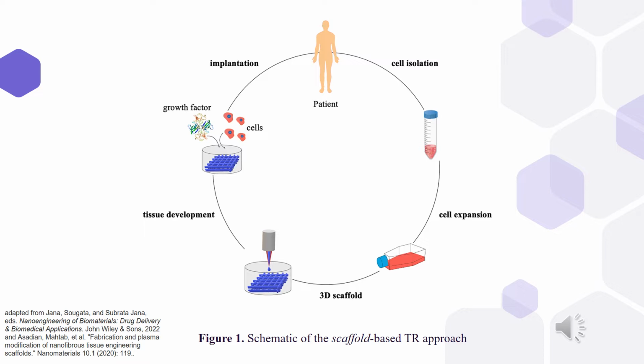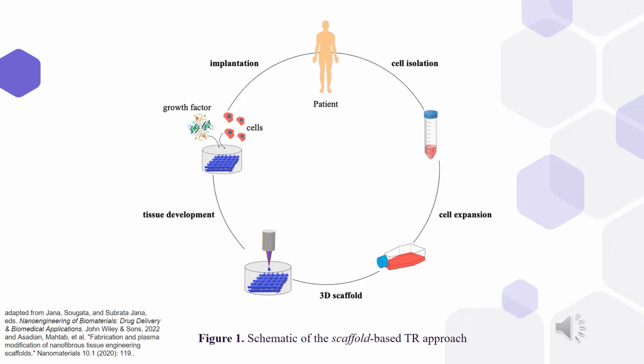So the first step is the isolation of cells from the patient, and the cells are cultured in the in vitro environment. With the proliferation and growth of these cells extracted from the patient, we interact these cells with a scaffold.